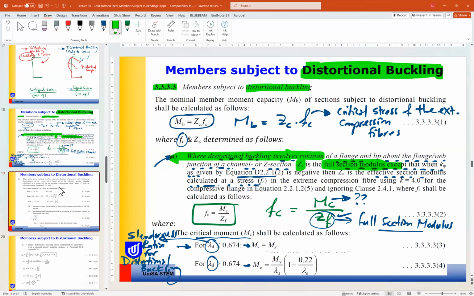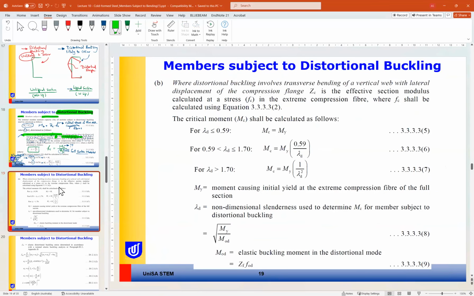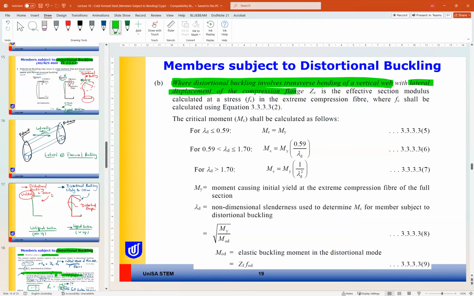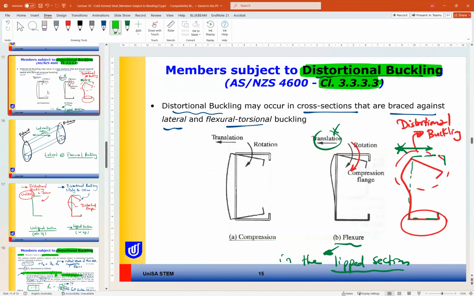Second case, or case B, where distortional buckling involves transverse bending of the vertical web with lateral displacement of the compression flange. So this will happen in the compression member.